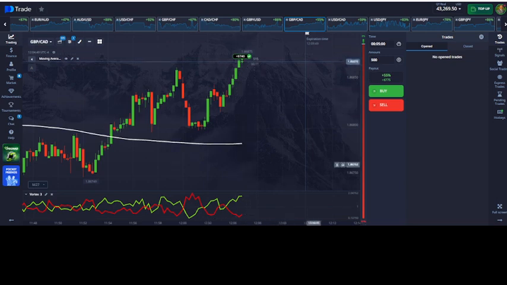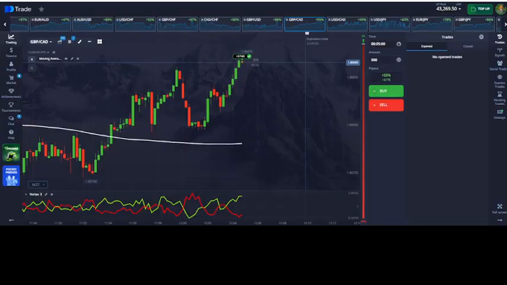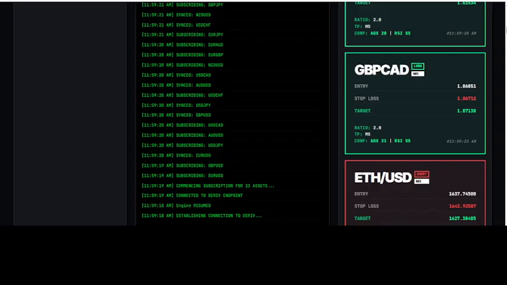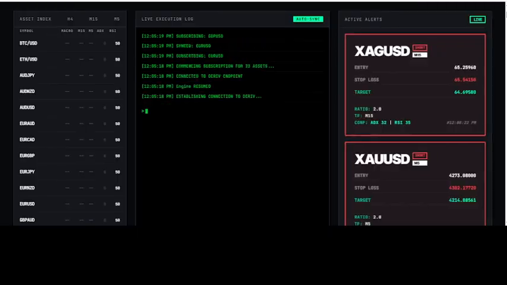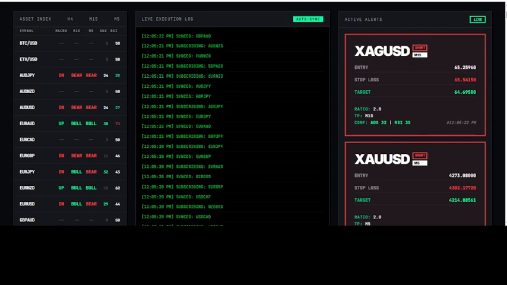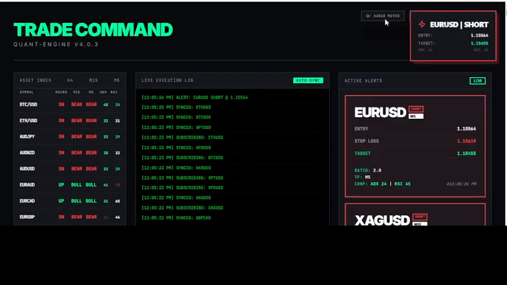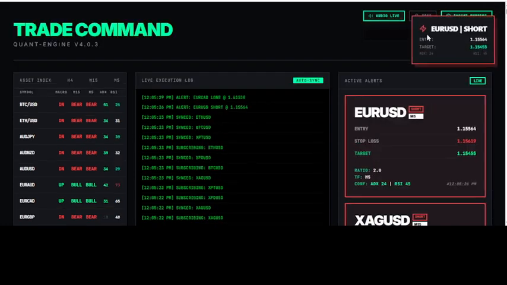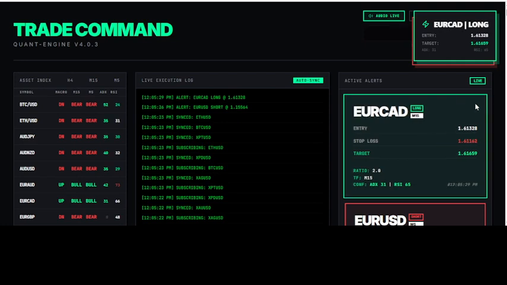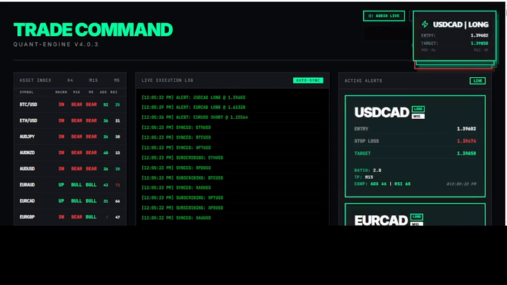Okay, so let me go back to the quant engine and recalibrate it. Okay, let's reload the engine and see if we can get another currency signal. Okay, it's giving us several signals here.